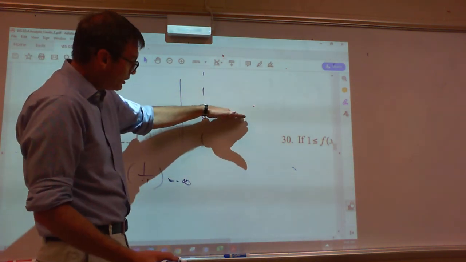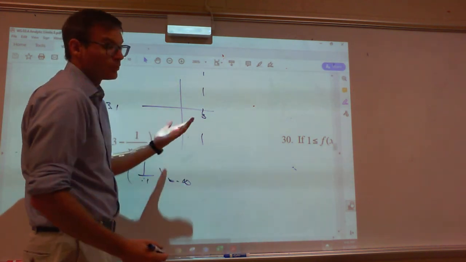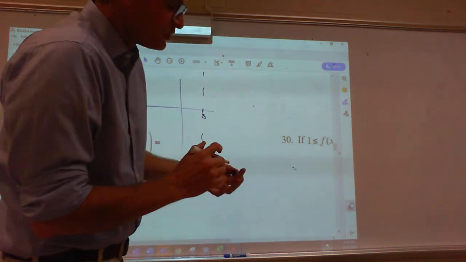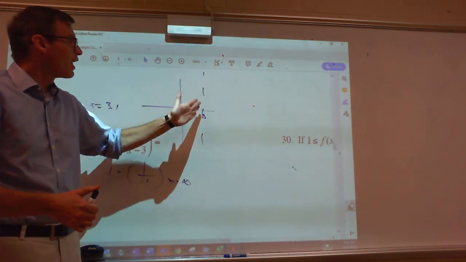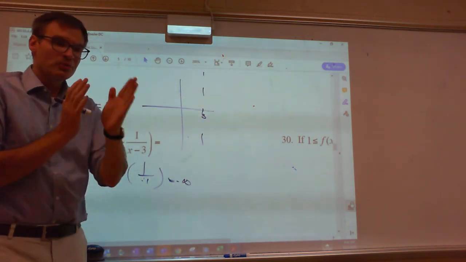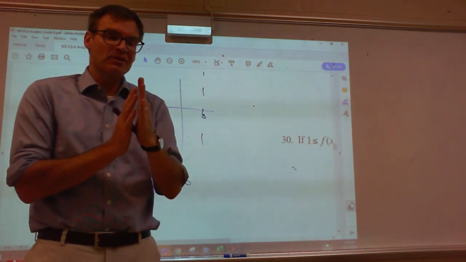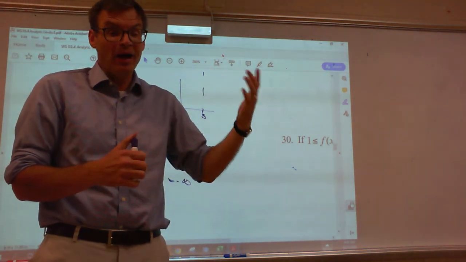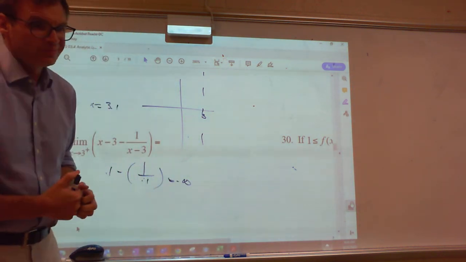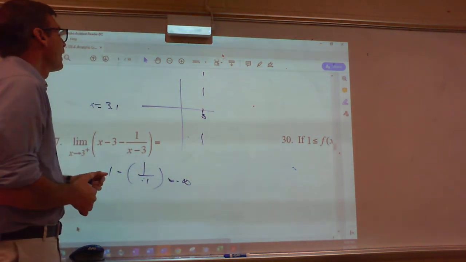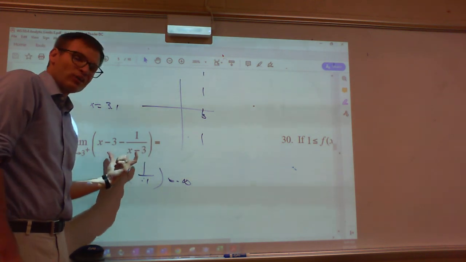At this point, I know it's going all the way down. So when you're computing limits, once you know you've got an asymptote, plug in something on whichever side, and if you get a positive number, you're going all the way up. If you get a negative number, you're going all the way down. If you're worried about the quiz tomorrow, this is a little uglier than I would put on the quiz.